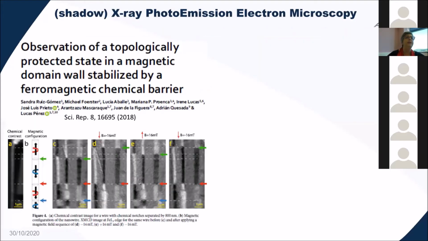In this case, for example, nanowires with chemical barriers were demonstrated, where the chemical barriers were pinning centers for domain walls, and also the role of chirality, knowing the importance of the relative orientation of the curling magnetization at the surface and the axial magnetization of the core.